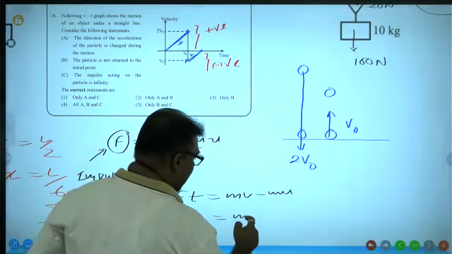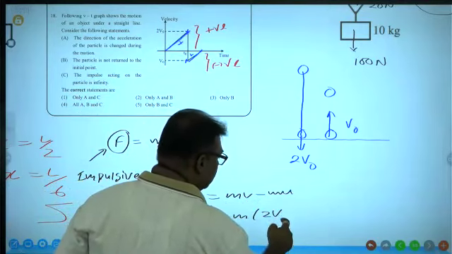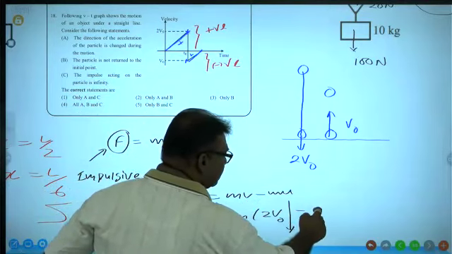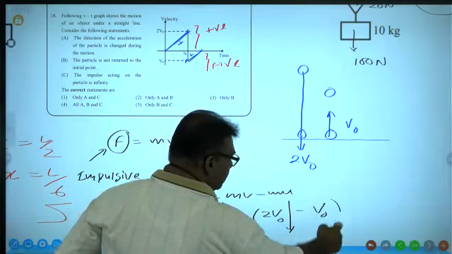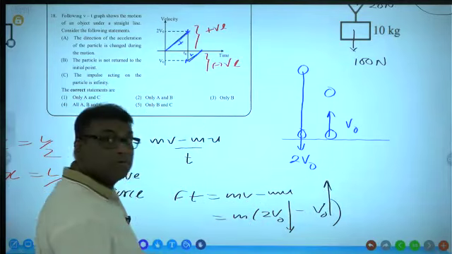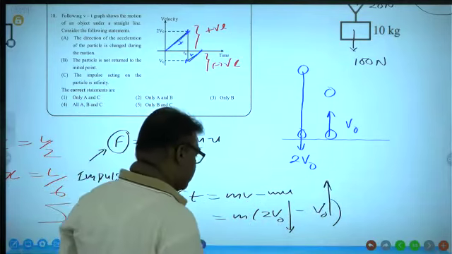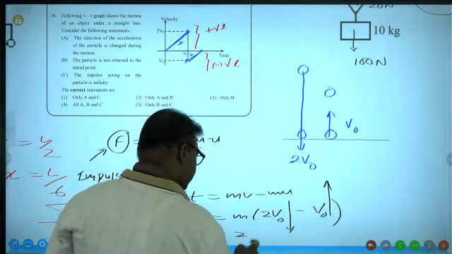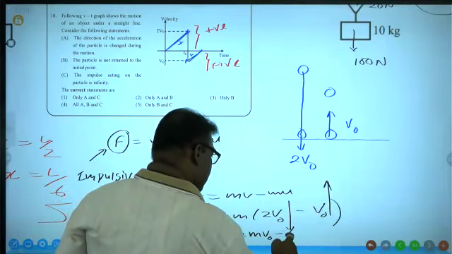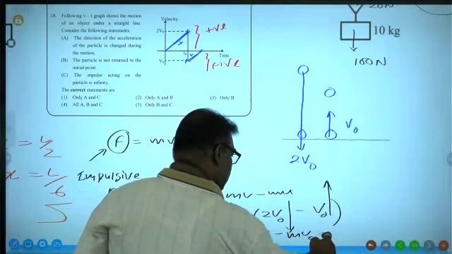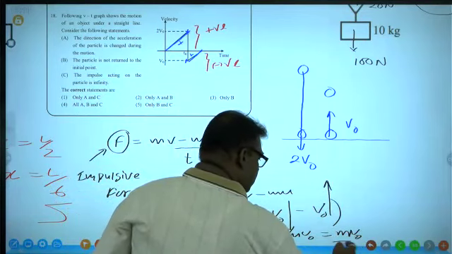Change of momentum, mass m, velocity 2v. If it is downward, then minus v0, but upward. Now you can see the direction changes. Then twice of mv0 minus mv0, mv0.